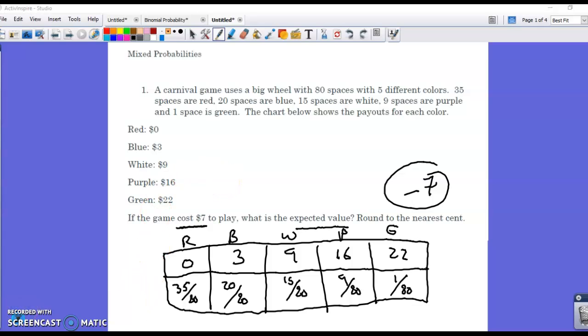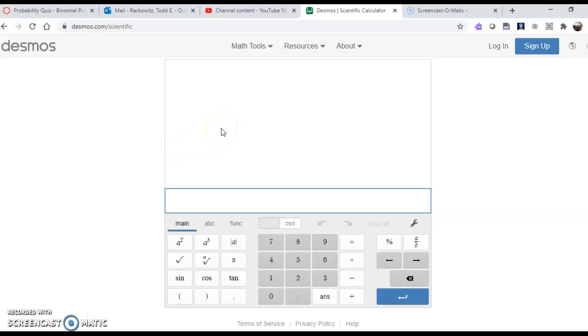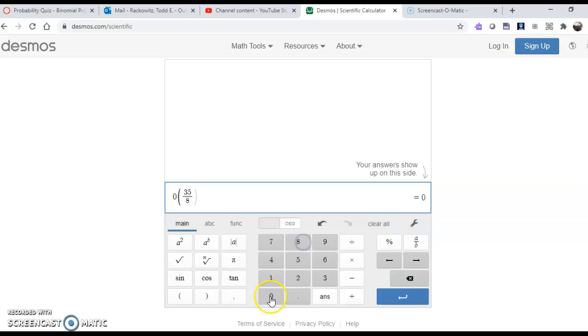All right, so we'll go on over to Desmos and put that in. Remember, it's value times probability, 35 out of 80, plus the next value is $3 times its probability, 20 out of 80.